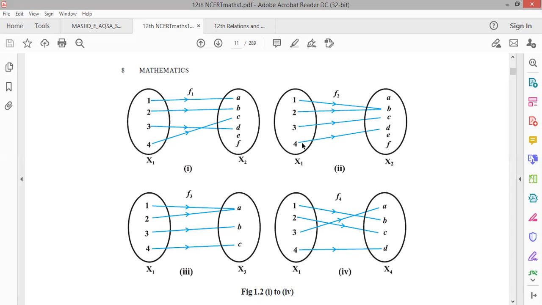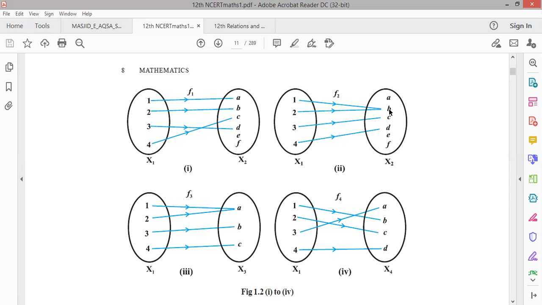You see here once again 1, 2, 3, 4 in the domain, a, b, c, d, e, f in the codomain, and we see that 1 is mapped to b, 2 is mapped to b. That means two different elements of domain are mapped to one single element of codomain. So different elements have the same image, so it is not one-one. The opposite of one-one is many-one, so it's a many-one function.